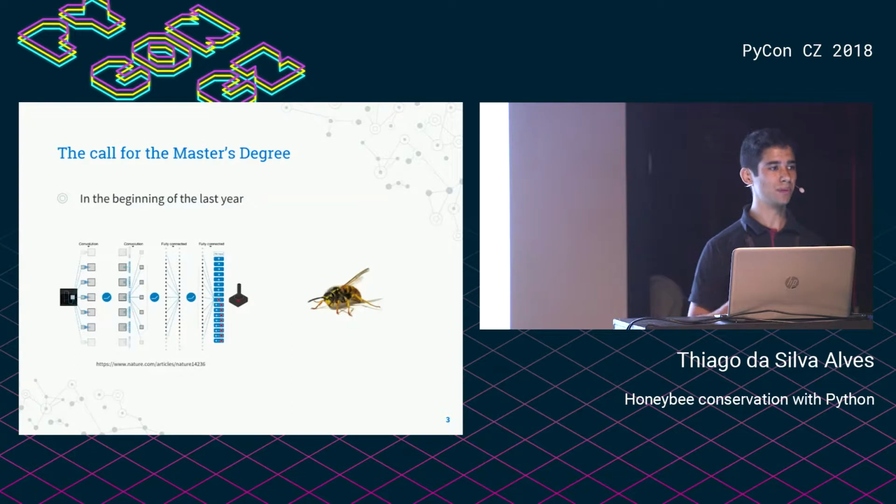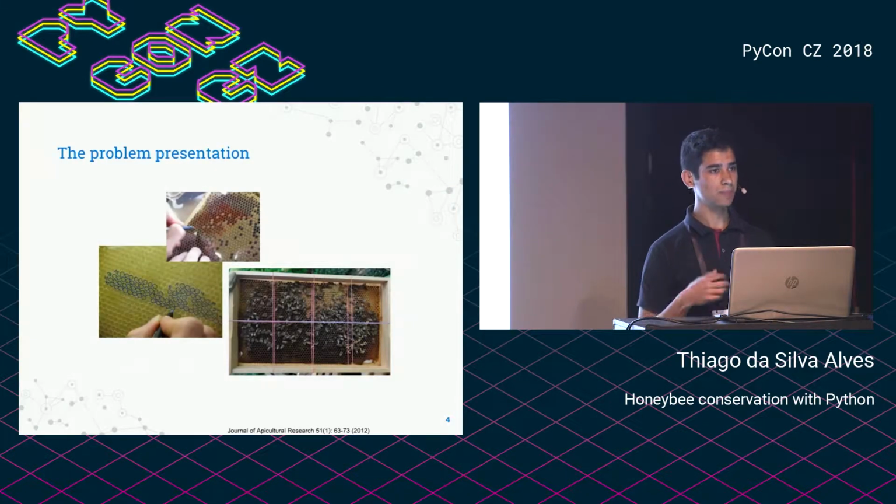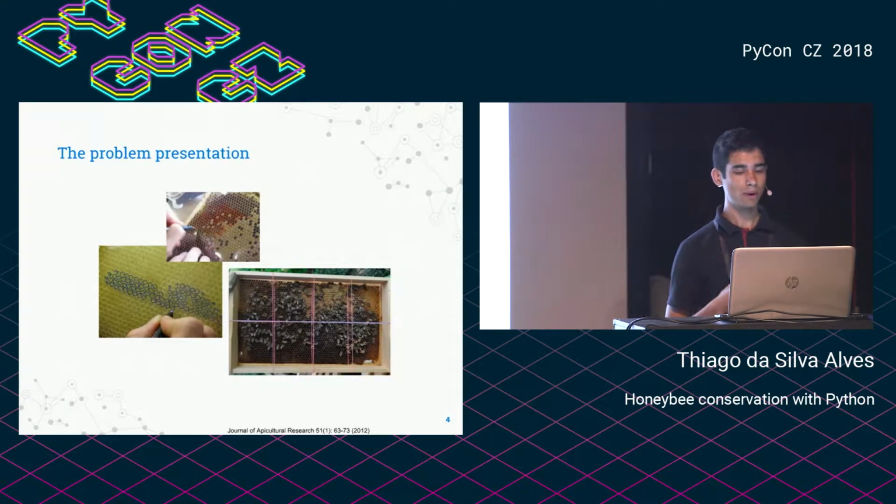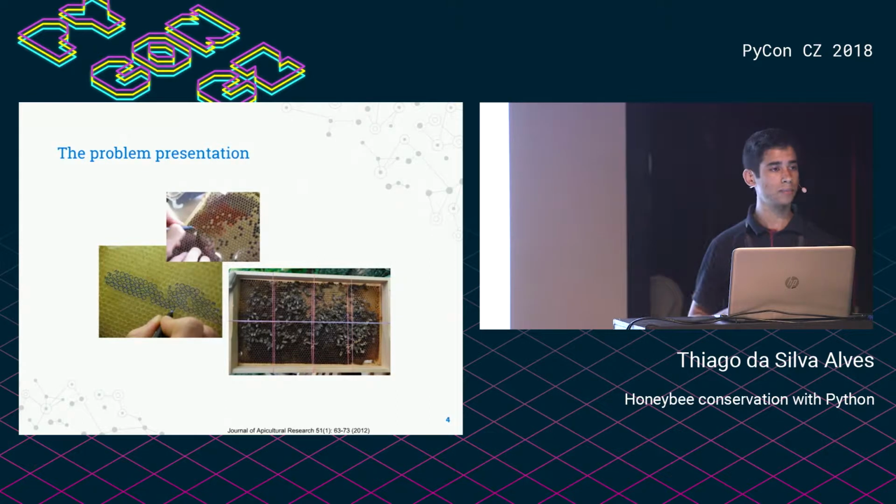But they explained to me what would be necessary for my thesis, and they explained the problem that they had. The problem was that usually when a beekeeper or a researcher in the area of apidology has some tasks, many times during the year they need to count and classify the content of each cell in the bee frames.